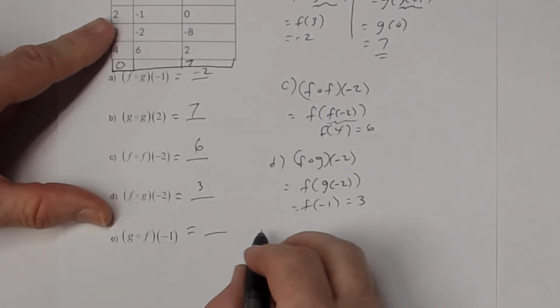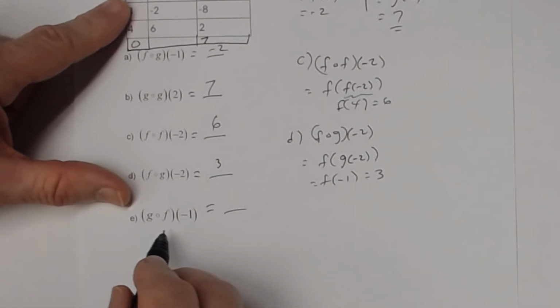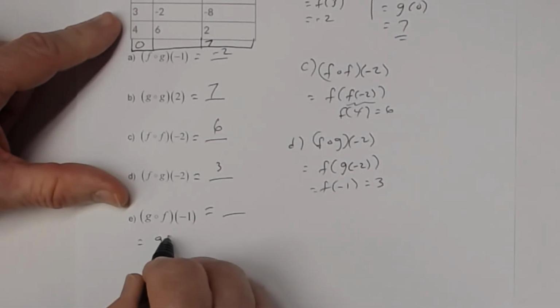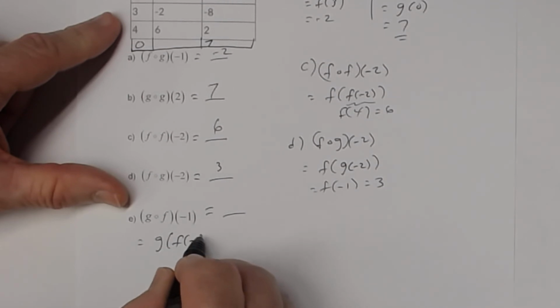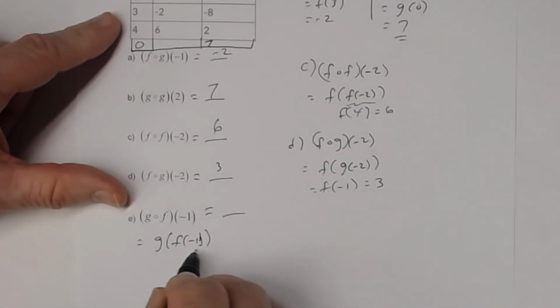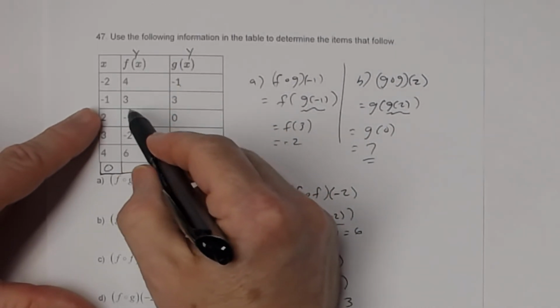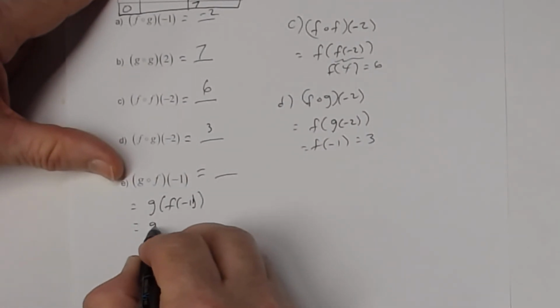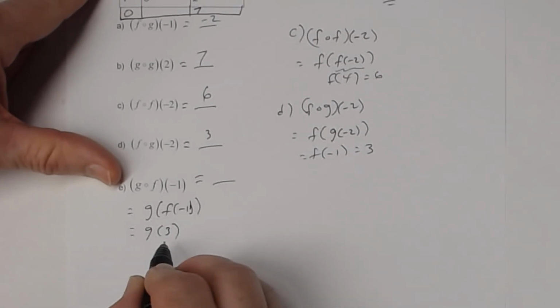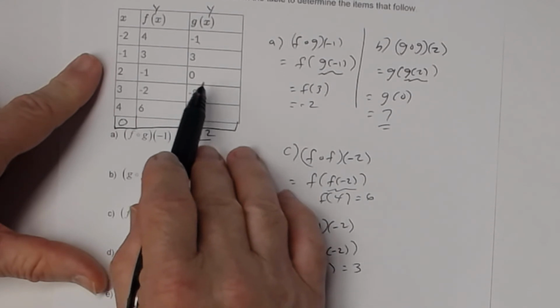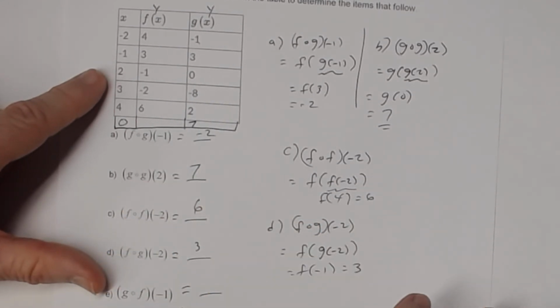Then the last one, g composed with f at negative 1. I'm going to do the work here. So g composed with f at negative 1 means g of f of negative 1, right? So f of negative 1, I go to my f column, and when x is negative 1, I get 3. So then I got to find g of 3, right? And so g of 3 is going to be a negative 8.